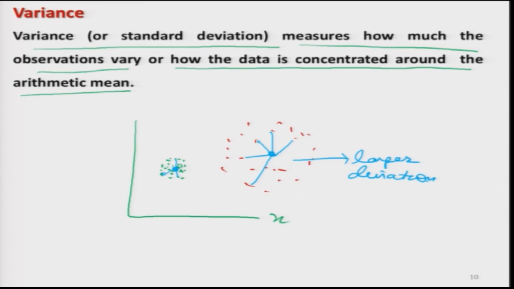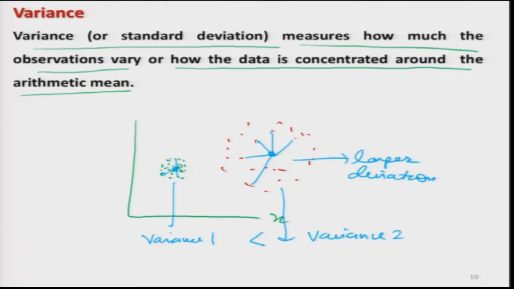So, in this case, if I try to find the value of variance 1 and variance 2 on the basis of the given set of data, then we will find that variance 1 is smaller than variance 2.